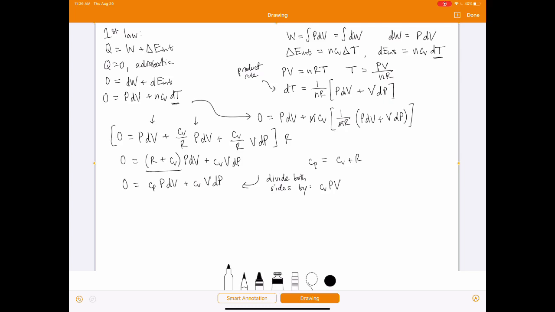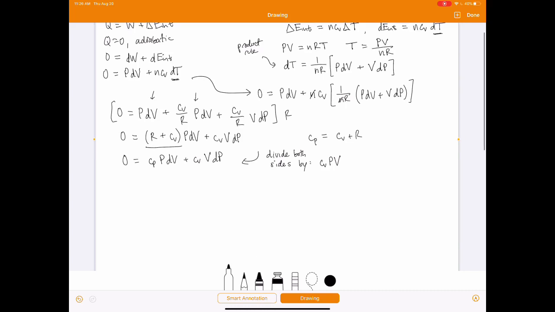Well, on the left side we have 0, so that stays 0. But then our first term becomes Cp divided by CV. We get rid of the pressure term because we divided that out. We have dV on top, and then we divide out volume, so that's now on the bottom.